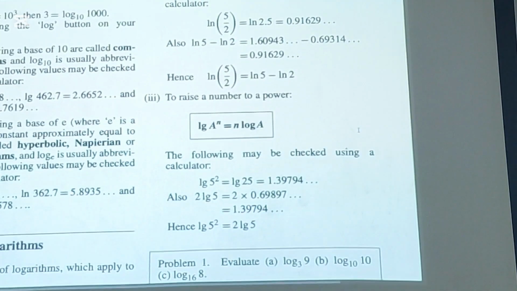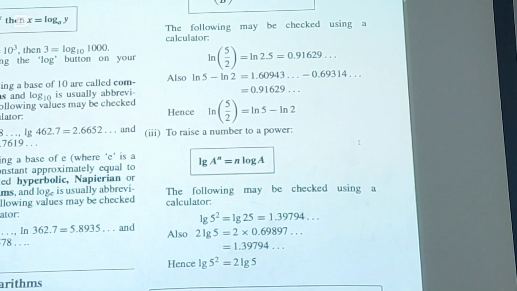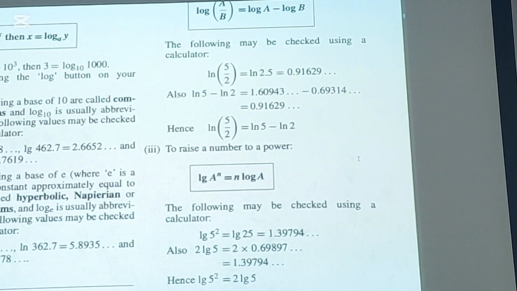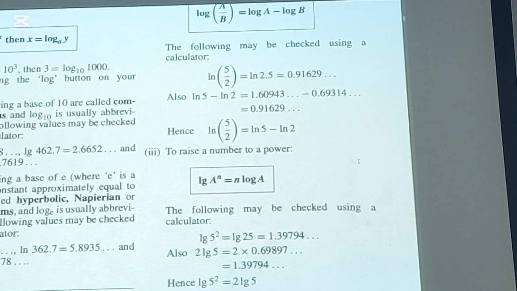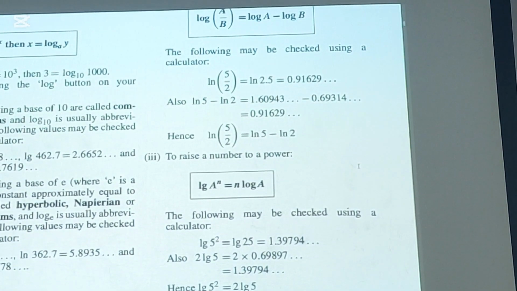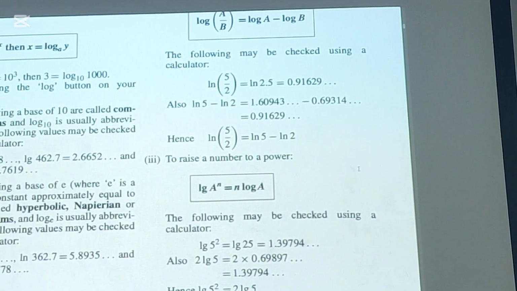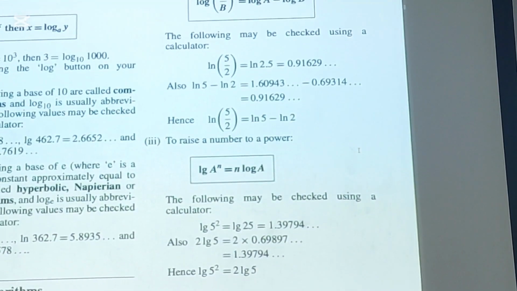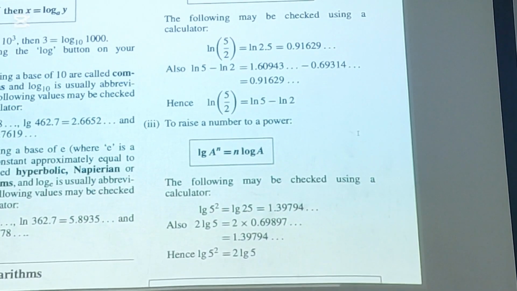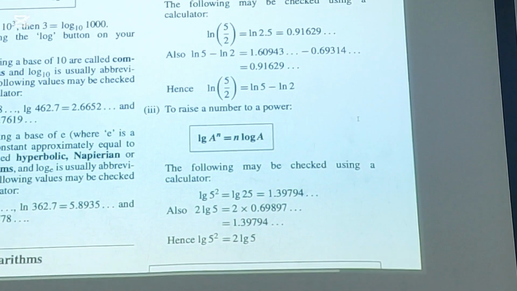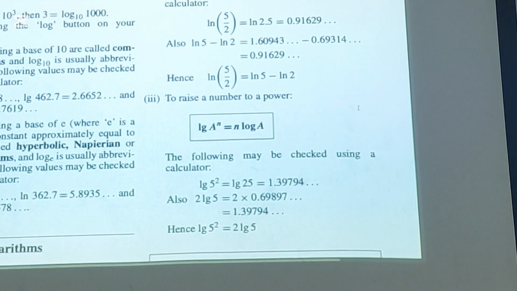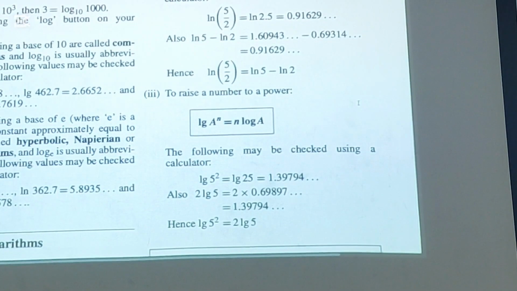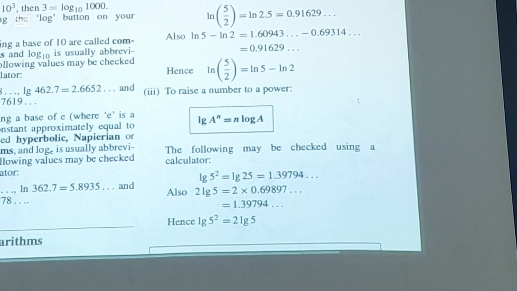Do you have any question for the first, second, or third law of the logarithmic? I have a question. Log 25 can be divided into 5 times 5, right? And can it be reversed and changed into law 1?